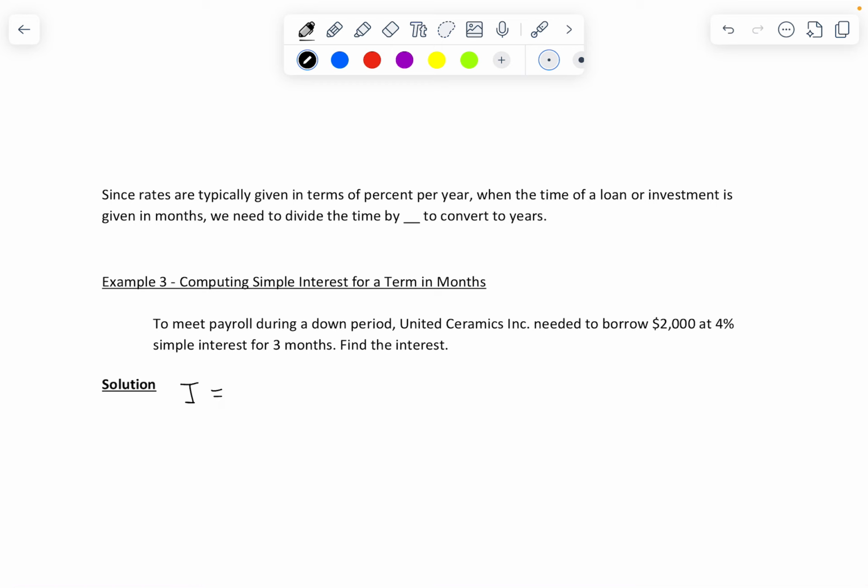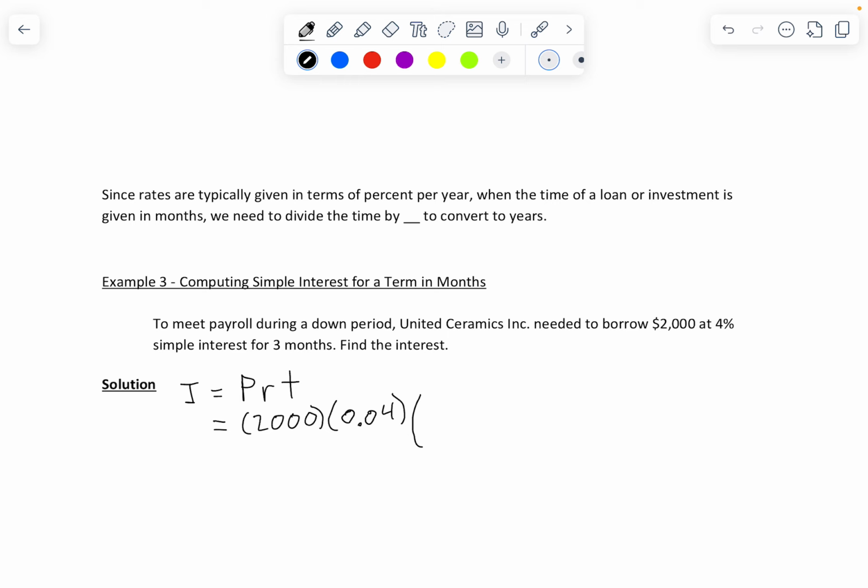I equals P R T. The principal is the amount borrowed, which is $2,000. The interest rate is 4%. In decimal form, that is 0.04. That's an annual rate.